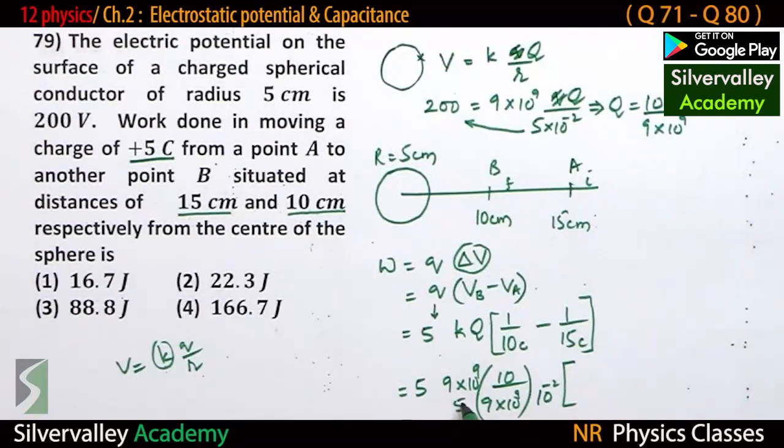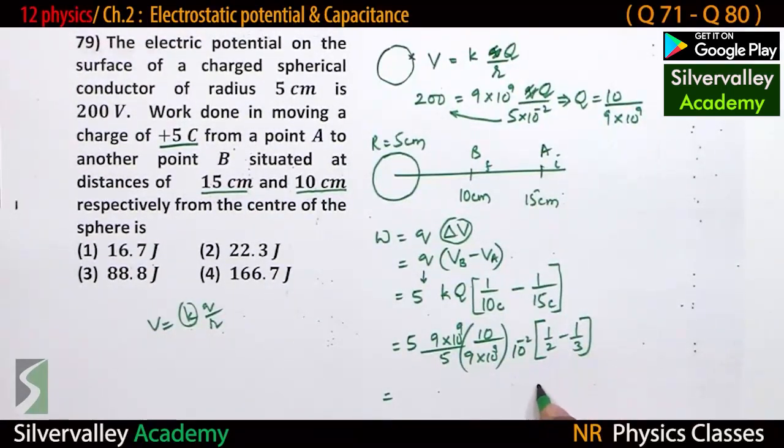Let me write 5 here. 1 by 2 minus 1 by 3 is 1 by 6. This constant cancels with this constant, 5 and 5. This goes to the numerator.